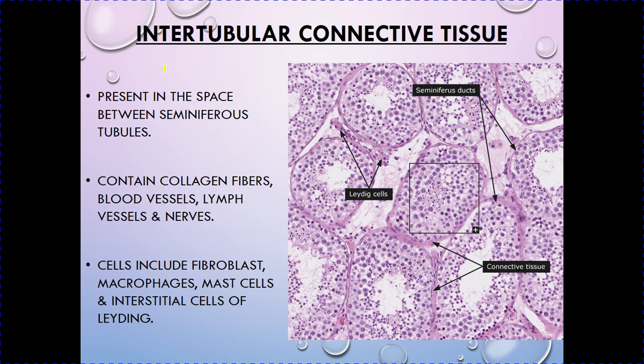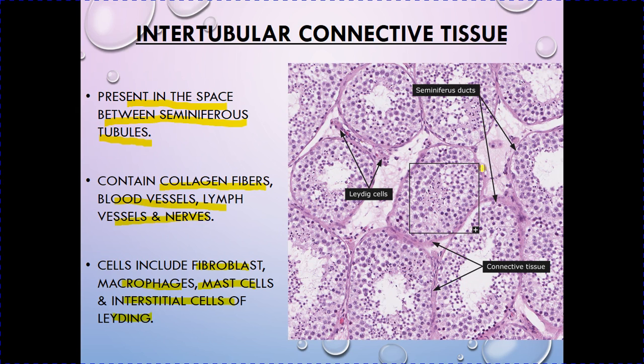So this is intertubular connective tissue, which is present in the space between the seminiferous tubules. The connective tissue contains collagen fibers, blood vessels, lymph vessels, and nerves. It has different types of cells, including the fibroblasts, macrophages, mast cells, and the interstitial cells of Leydig.